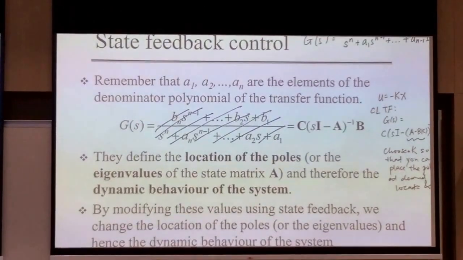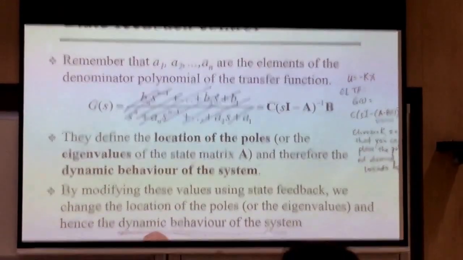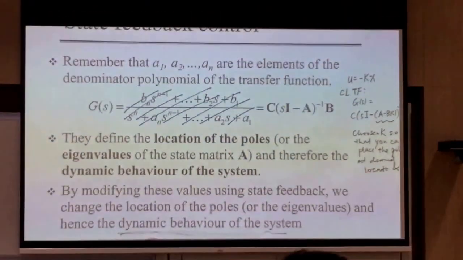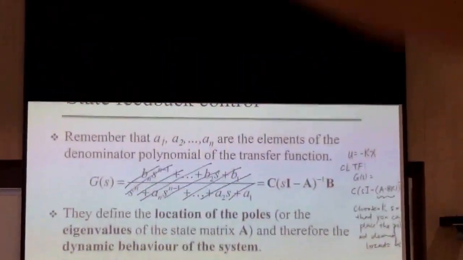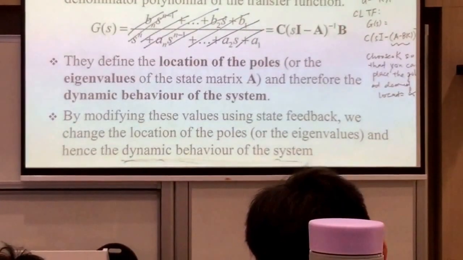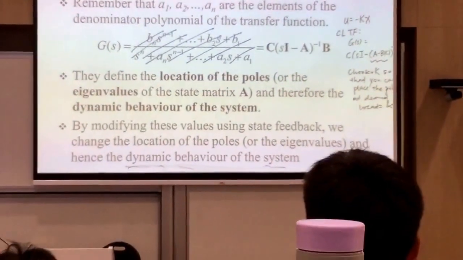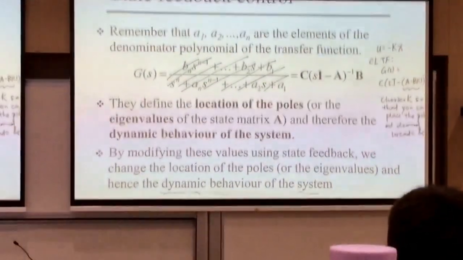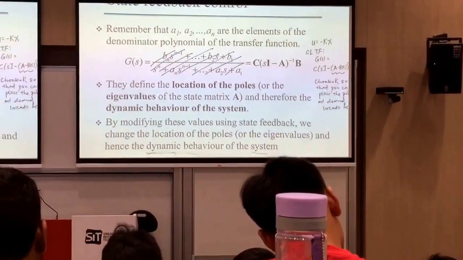So by modifying the eigenvalues of A minus BK using state feedback, we can change the location of the poles and eigenvalues, and we can change the dynamic behavior of the system. By changing the location of the poles or eigenvalues from the state matrix A into those of the state matrix A minus BK by the state feedback gain K, we can change the location of the poles and eigenvalues and hence the dynamic behavior of the system.